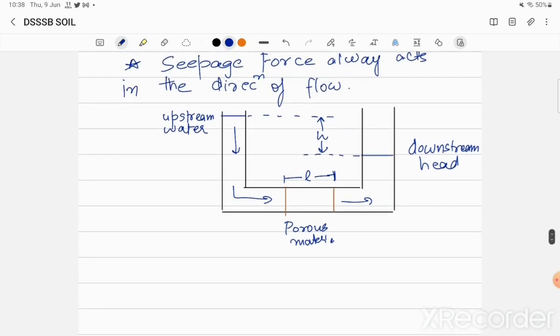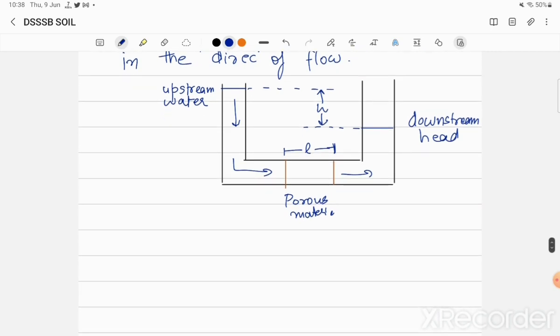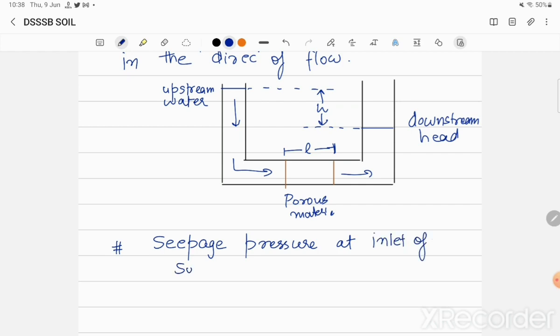Then seepage pressure at inlet of soil will be h rho w.